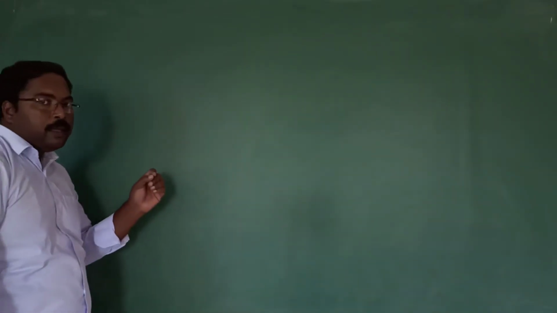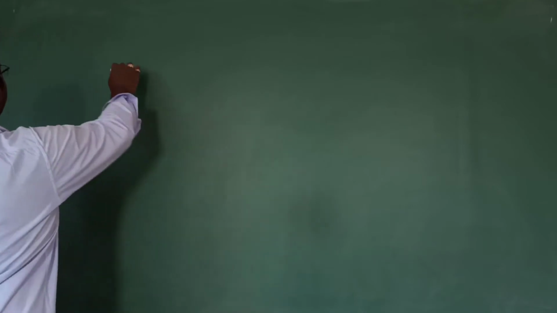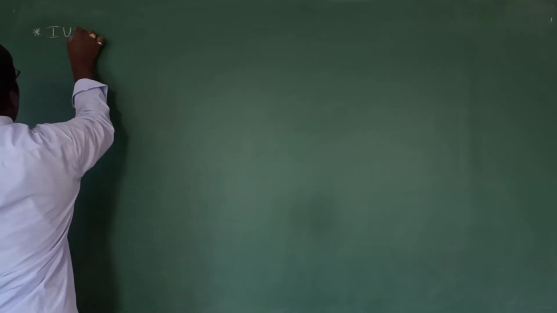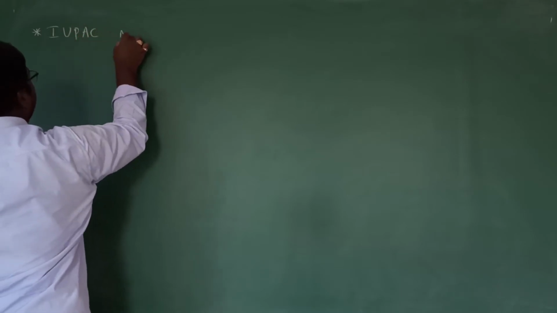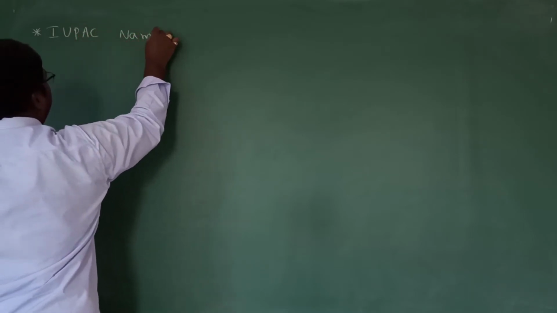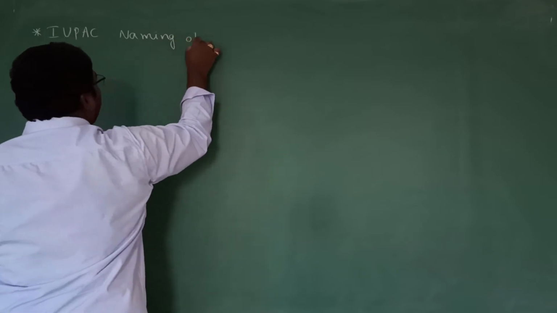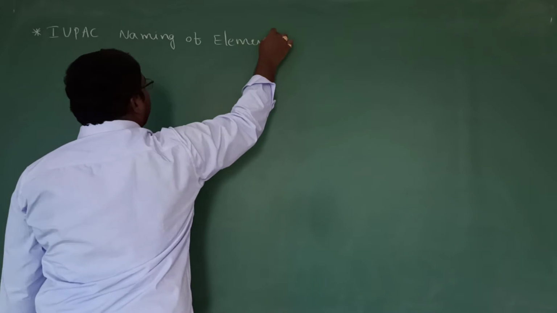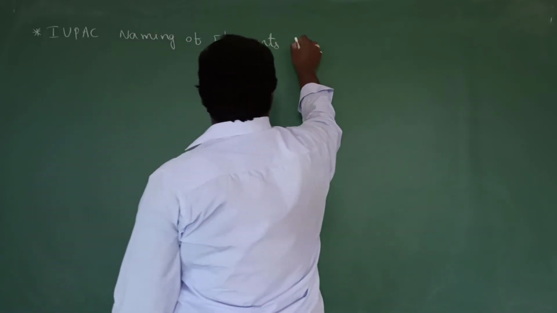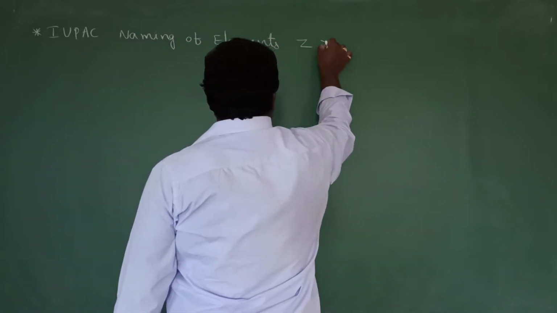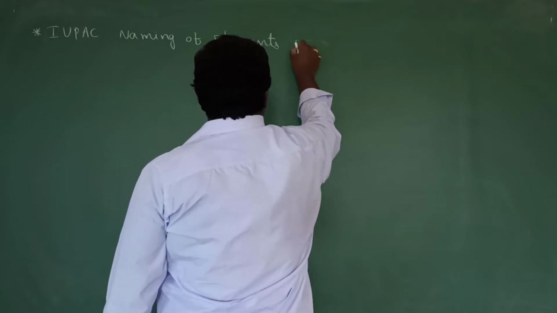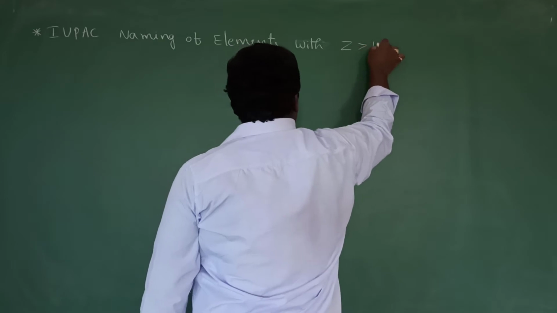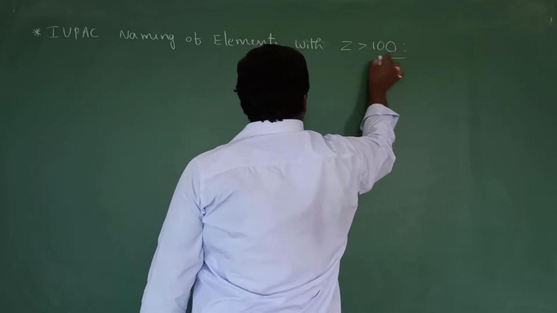Now, coming to the next topic in the 17s: IUPAC naming of elements with atomic number greater than 100.